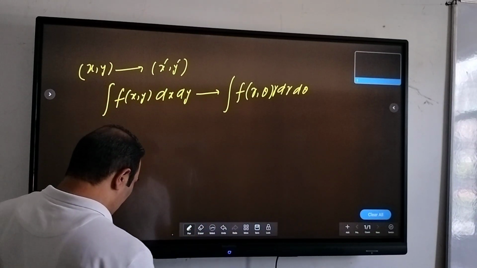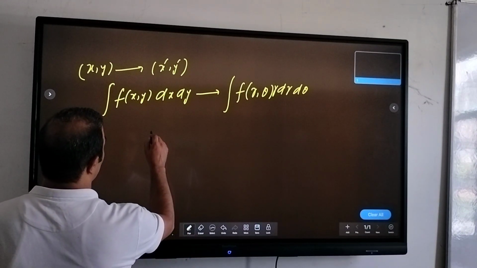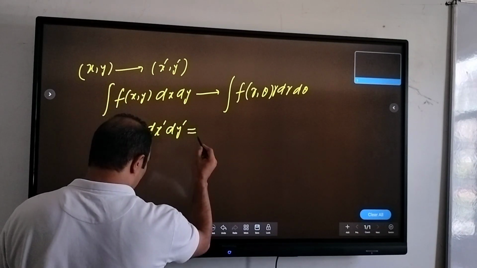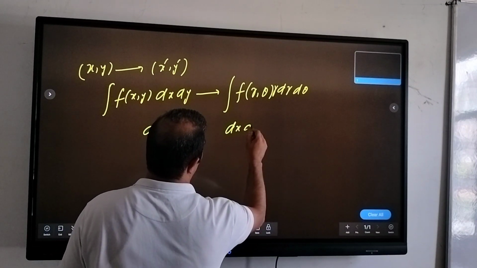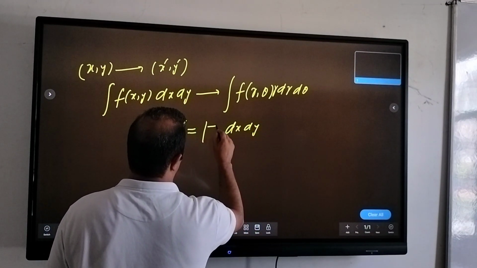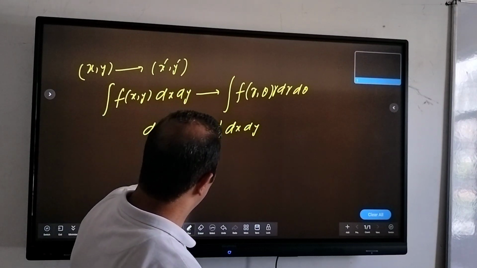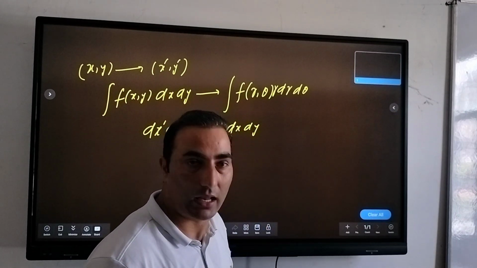So in that case, our length element will be dx prime dy prime, which is related with the new coordinates. This is dx dy. So you can relate them by what is basically called a Jacobian, right? And the Jacobian is basically the ratio, or you can take the determinant of these length elements.